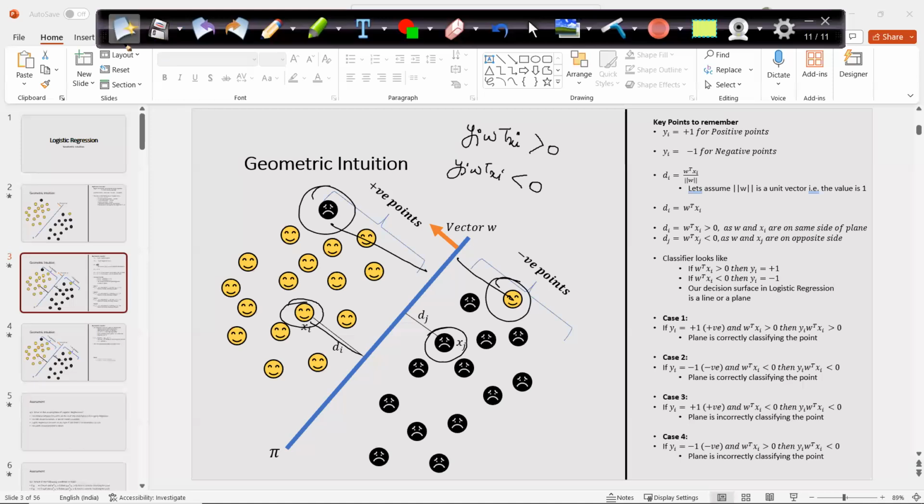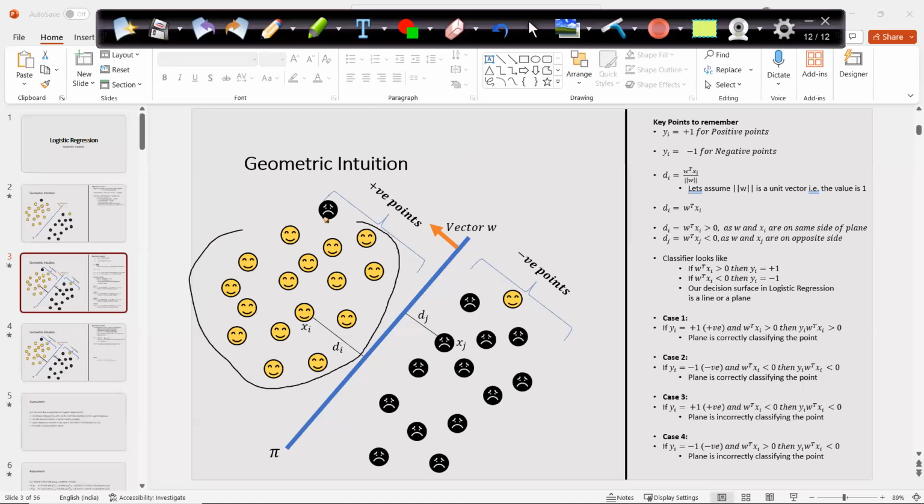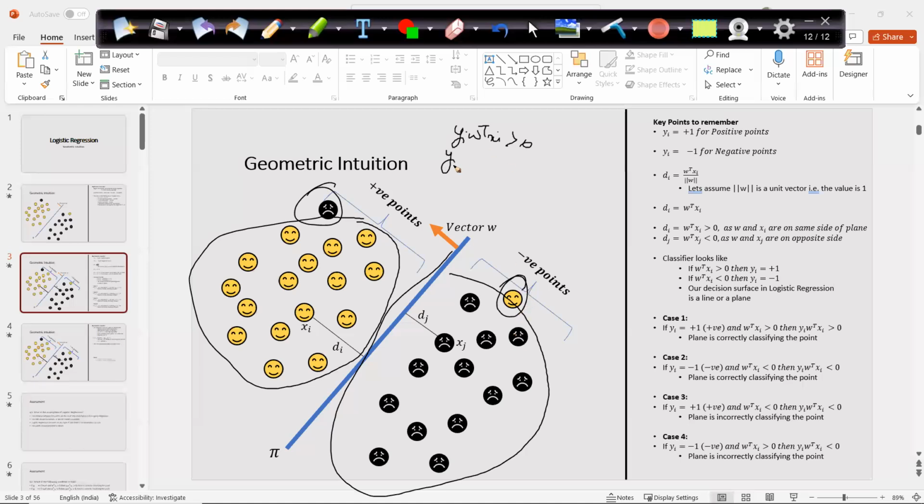So from here, what we are understanding is that if the point is correctly classified, the yi W transpose Xi is more than 0 for all the points which are correctly classified. But for the points which are incorrectly classified, the yi W transpose Xi is less than 0.